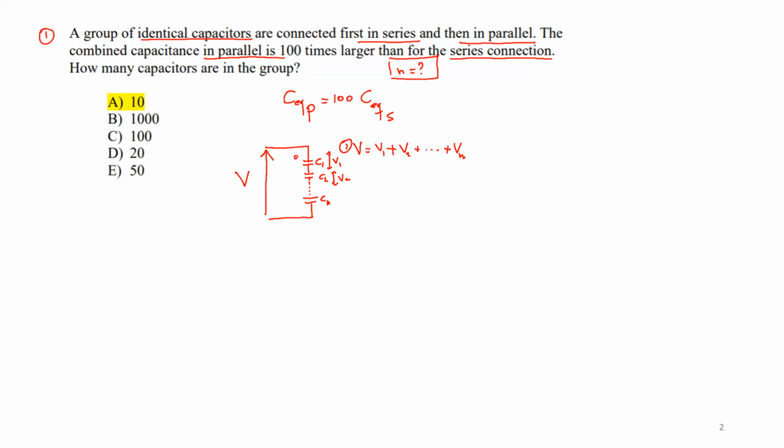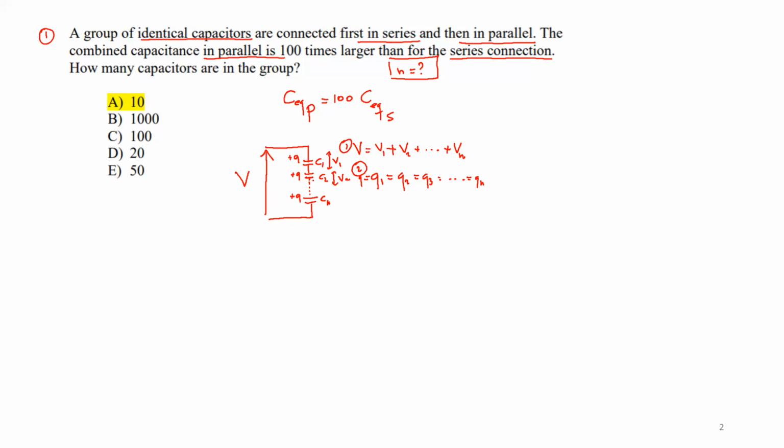If I have plus Q here, I will have minus Q here, then plus Q, minus Q, and so on. So the charge at each capacitor in series is the same, meaning Q1 is equal to Q2 is equal to Q3, up to Qn, which is equal to Q. This is my second equation. I demonstrated why the charge is the same; we already talked about this in class.